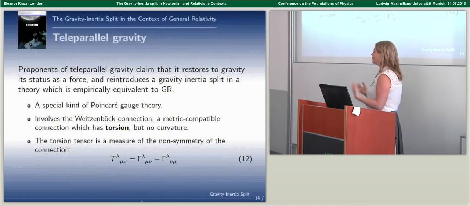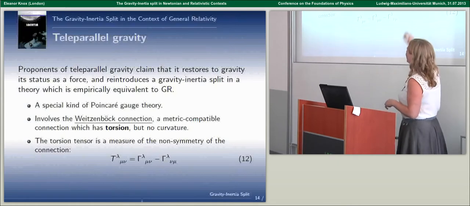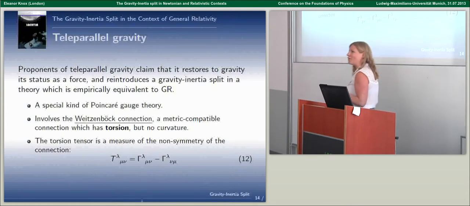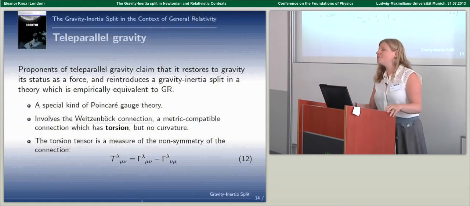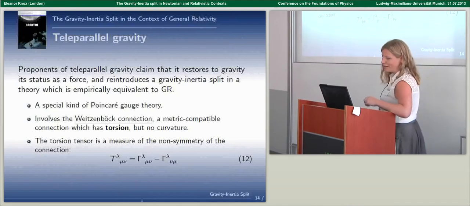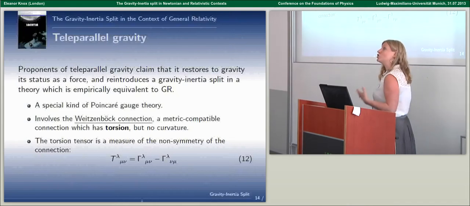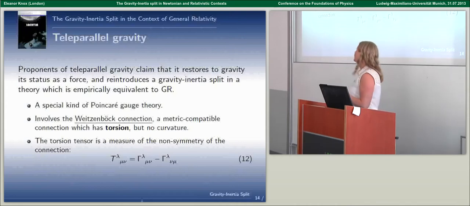If you look at the surface structure of the theory, this is very compelling. So this is a kind of Poincaré gauge theory, but I'm going to suppress its Poincaré gauge theory features for the purpose of ease of exposition here. What's important for our purposes is that it involves the Weitzenböck connection, which is a metric-compatible connection which has torsion but no curvature. So you pick a flat metric-compatible connection for this theory.